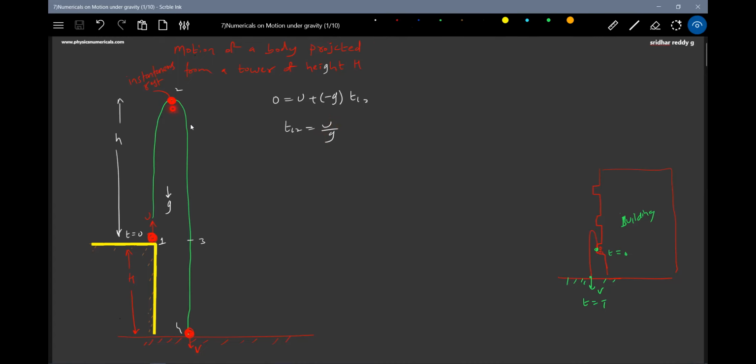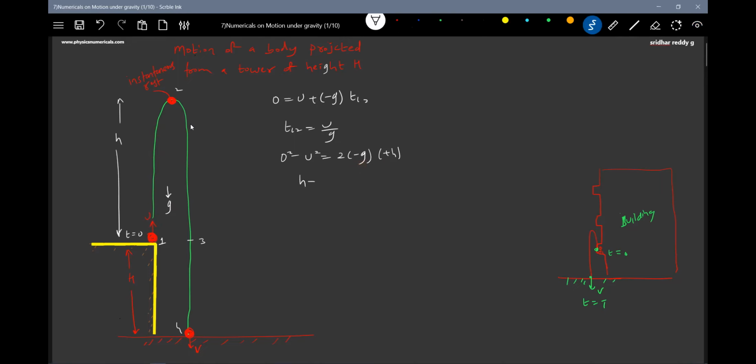Then what is this h? Again, 0 squared minus u squared equals minus g times plus h. Now these are very important: why is this h positive? It is measured in the direction of the initial velocity, and g is opposite to the initial velocity.